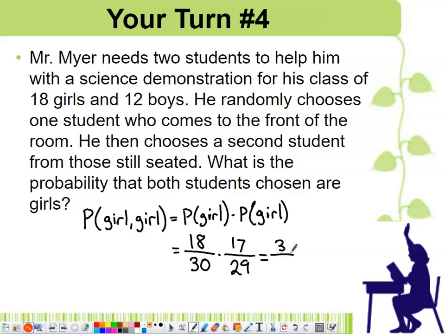I can divide out a 6. And then I have 17 over 29. Now I can go ahead and multiply. So I have 51 over 145. Final answer. That does not simplify. That is our final answer.